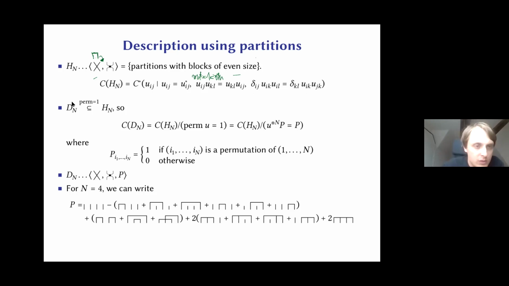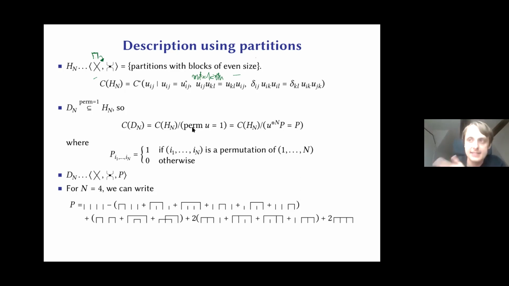And now what we want to do is to take the subgroup with respect to the permanent being equal to 1. So now we do the dual thing. We work with those algebras. So now we need to go to the quotient algebra, factoring out this relation permanent equals 1.